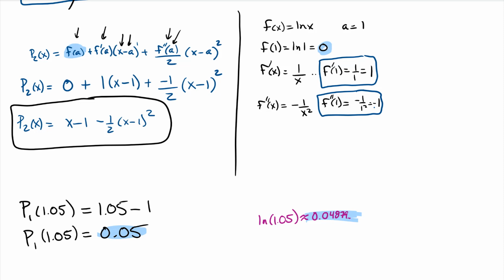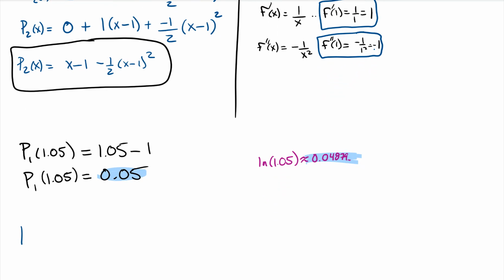Now let's check out our second degree polynomial. Let's plug it into that one. P sub 2 of, we're going to do our 1.05 again. I just changed the color up to show some difference. I'm terrible with color coding. All right, so we get 1.05 minus 1 at the beginning, but we already knew that. And now we're adding in the rest, that negative 1/2 times 1.05 minus 1 all squared.